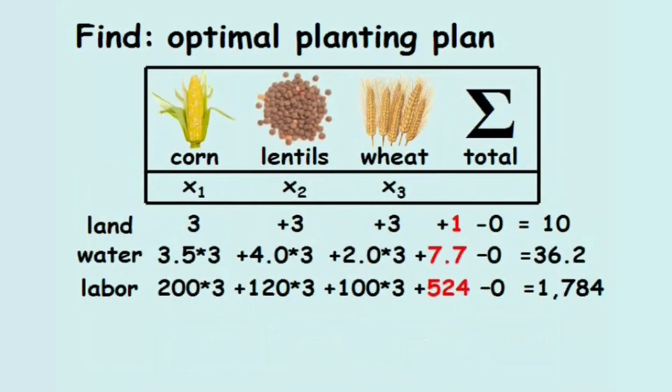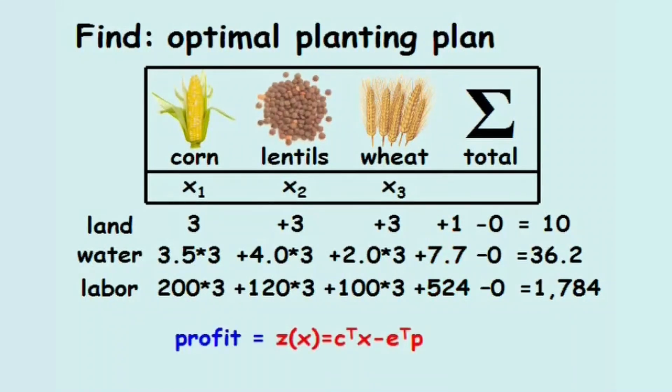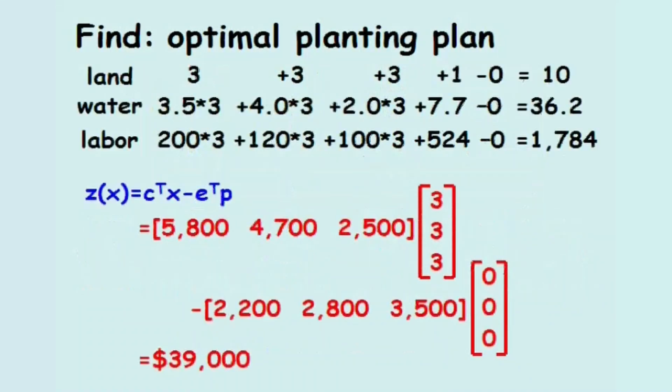In fact, there is a surplus of 1 acre of land, 7.7 units of water, and 524 units of labor for this planting plan and stochastic resource realization. The total profit from this scenario equals $39,000.